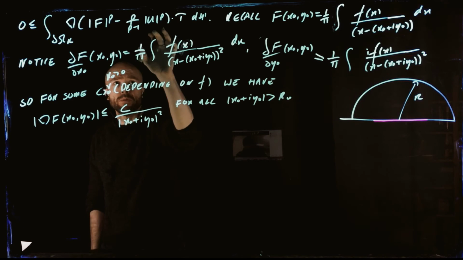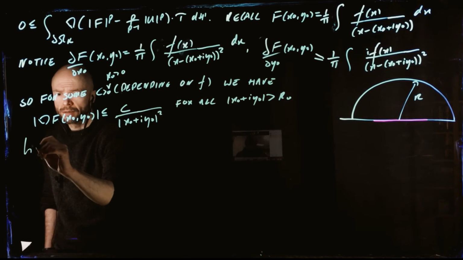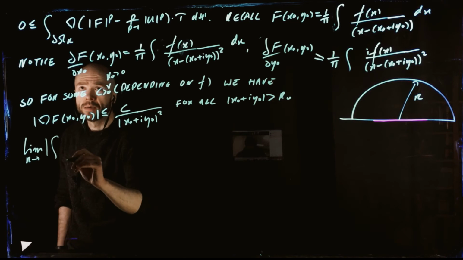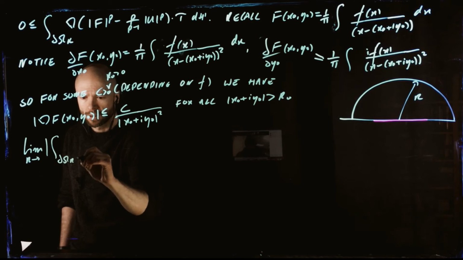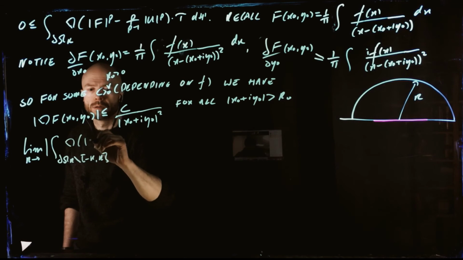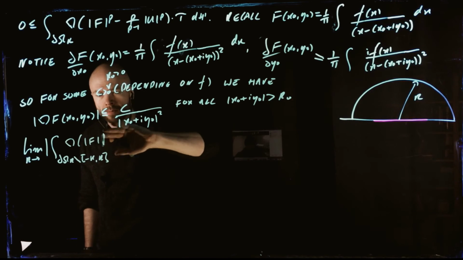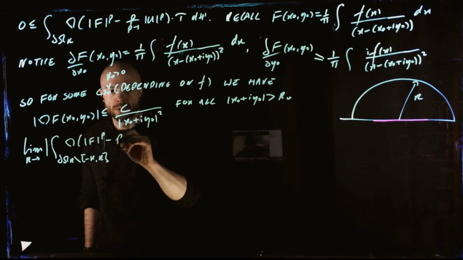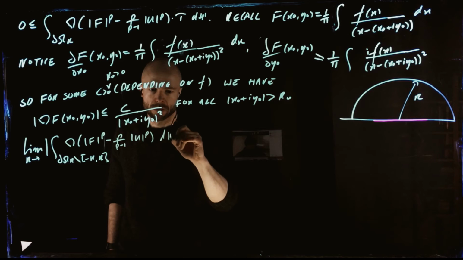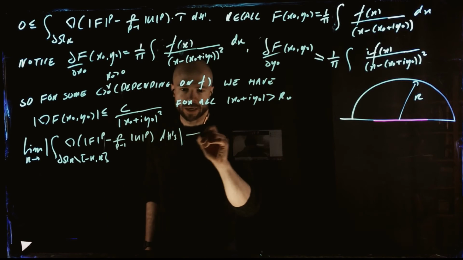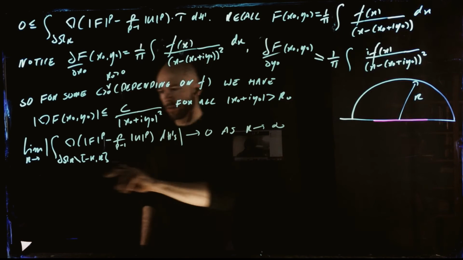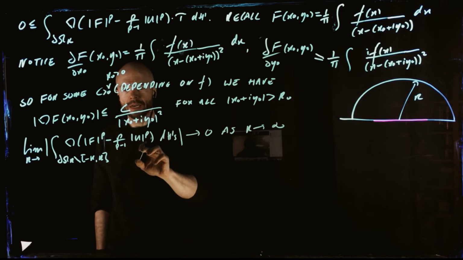Yeah? So putting this stuff together, we'll have that the limit as r goes to infinity of the absolute value of the boundary of this guy, take away the real part, this thing will tend down to 0 as r tends to infinity, because the perimeter is of order r, but this thing is decaying like 1 over r.